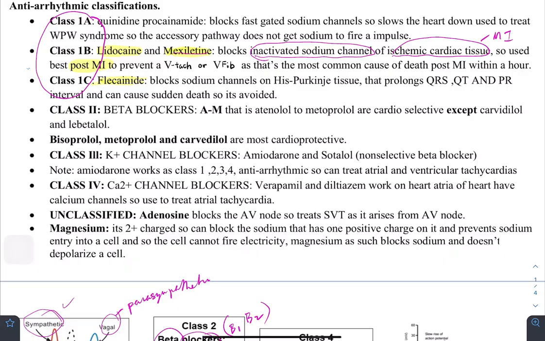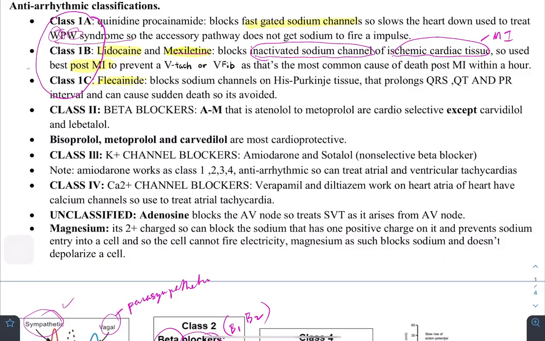Class 1A has moderate actions in between, and they are blocking the fast-gated sodium channel. And phase 0, where sodium starts going into the cells, is usually via the fast-gated sodium channel. So these are very useful when you want to slow down the heart. Actually, they are very useful to treat Wolff-Parkinson-White syndrome.